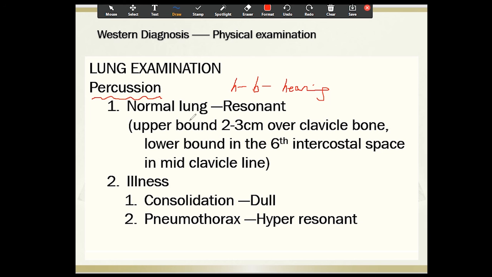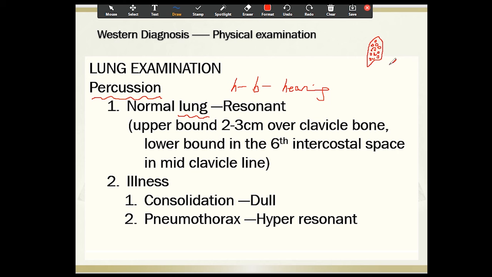We say the lung basically has more air inside. When we talk about the lung, mainly it's small spaces. Remember, that's called alveoli, and the air is held in the alveoli. So that's the sound. It's a little bit hollow, but not truly too hollow.